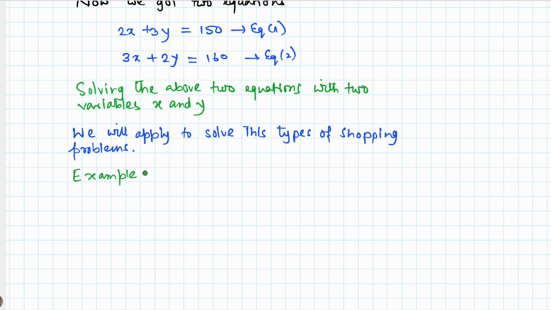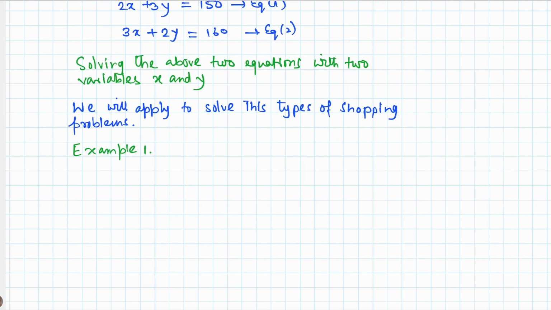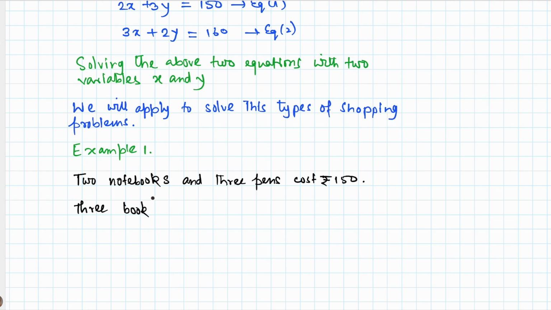Now take an example. So example 1. 2 notebooks and 3 pens together cost rupees 150, and 3 notebooks and 2 pens cost rupees 160. So we are taking the above example.